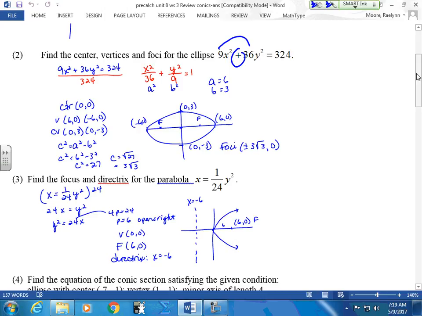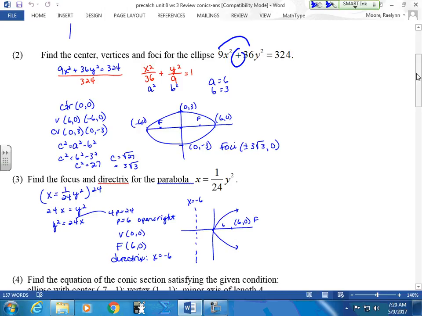And your foci, can everybody find all the parts? Any questions on finding foci, vertex, co-vertices? Vertices are your majors, co-vertices are your minors. You have to label them as such.